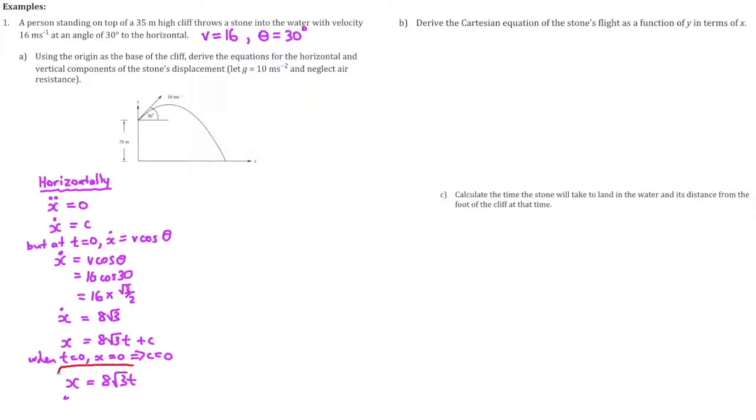So I now have 3 formulas. I have my horizontal acceleration, my horizontal velocity, and my horizontal displacement. That's horizontally. I need to deal with vertically as well. So let's deal with vertically.